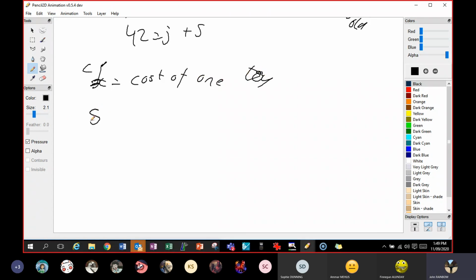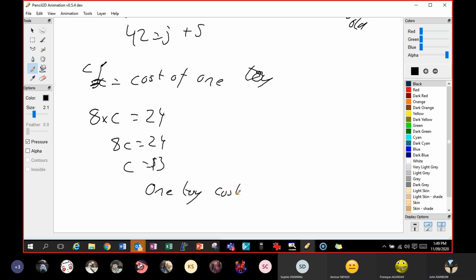So I've got 8 times the cost of a toy equals 24. My equation would be 8C equals 24. Now I can solve for C. C equals 3, $3 for one toy. So my answer would be one toy costs $3. And that's a dollar sign, not 13, by the way.